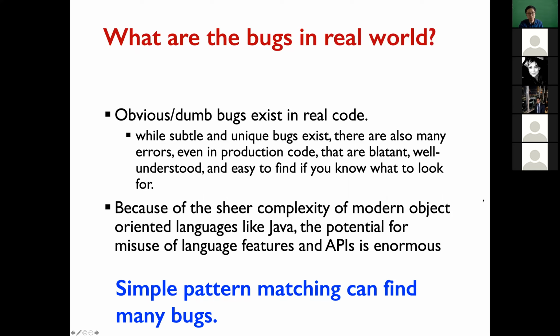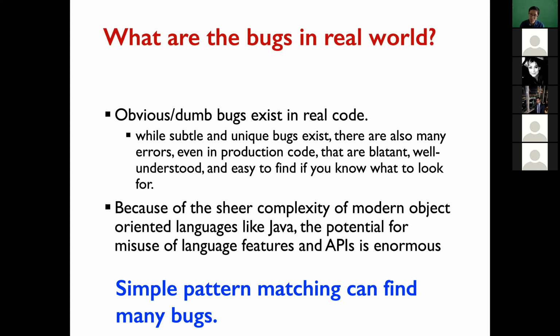Because of the sheer complexity of modern projects, like Java projects, the potential for misuse of language features and APIs is enormous, and those patterns can repeat from one project to another project, from one developer to another developer. If we do simple pattern matching, we can find many bugs. This is why we have automated tools to analyze the code to find bugs.